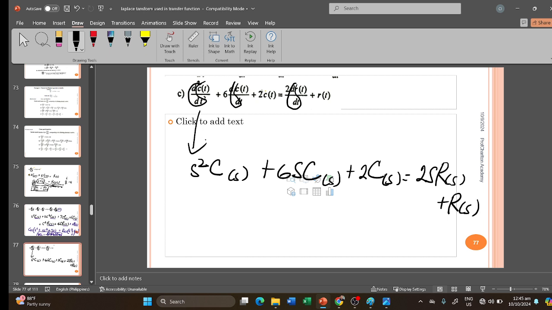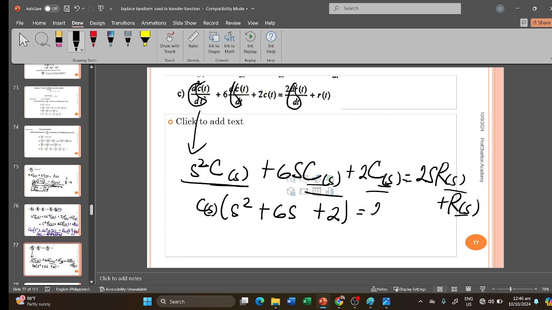Okay, so we were able to do that, and then the next step is to identify the common term. Once we identify it, we put that out. In order to get our whole expression, we multiply with s squared, then 6s, then 2, with C common.